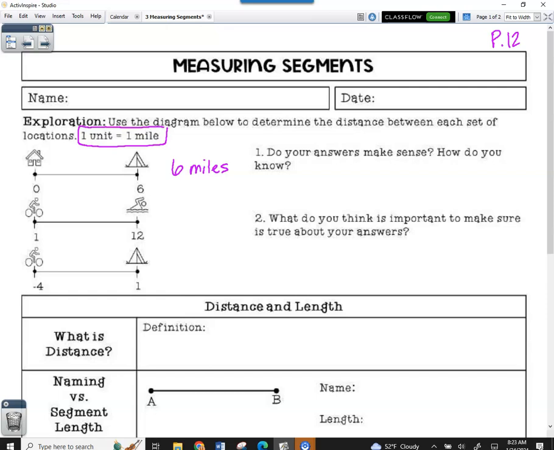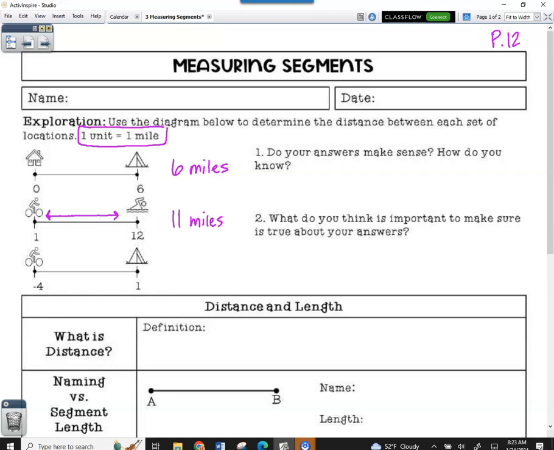11. And how'd you get that? Yeah, so if this person's at, we'll say mile marker 1, and this person's at mile marker 12, if we're measuring the distance between from here to here, then it's 11 miles between the two people.